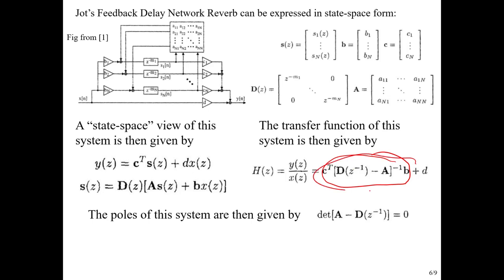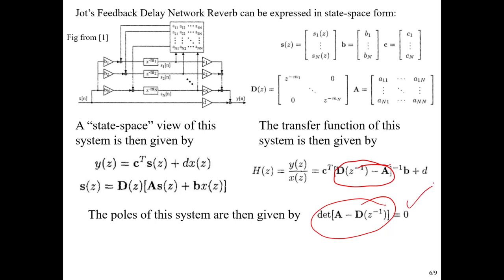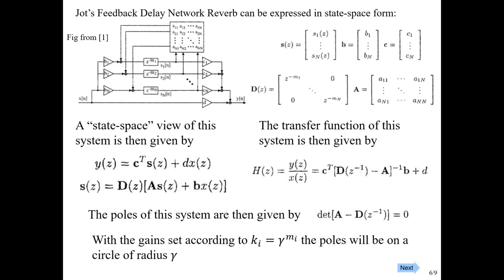From this transfer function view, this whole thing is a function of Z. Look at the denominator of that. It turns out to be set by the determinant of this matrix right here, setting it equal to 0. So it's the roots of that, and so we can find the poles. If we were to go through those steps, we would find that with the gains set according to this rule, all the poles of this system will end up being on a radius of gamma.